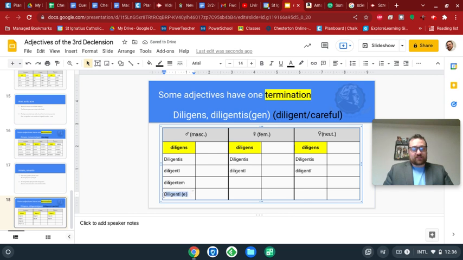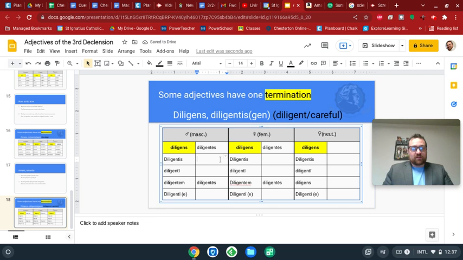And let's copy what's going to get used a lot. Diligenti, diligente, diligenti, diligente. Here it's going to be diligentem. And here it's actually going to be diligens again. Here we're going to use diligentes. I'll copy that because we're going to use that on our nominative plural and our accusative plural.